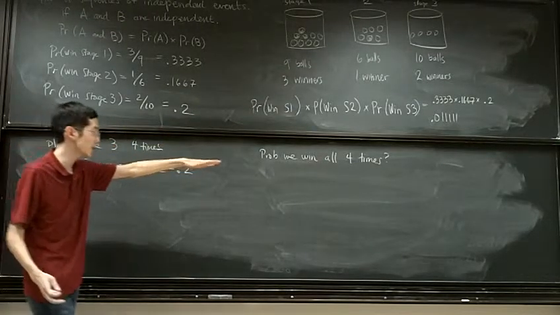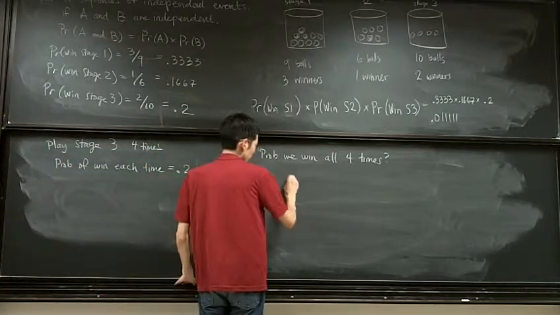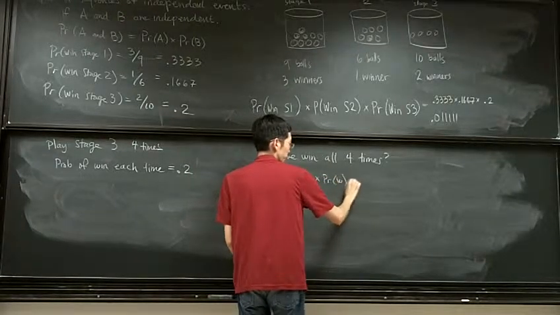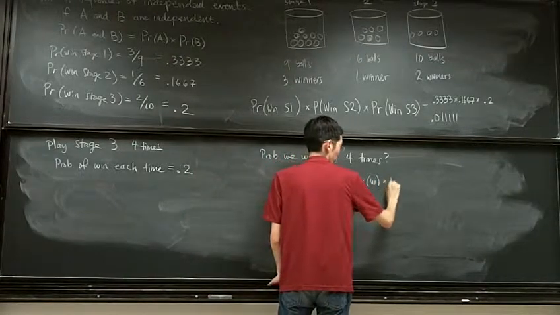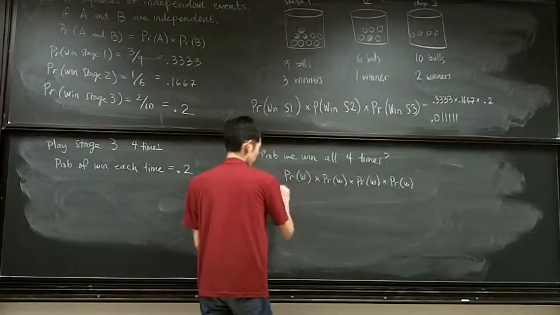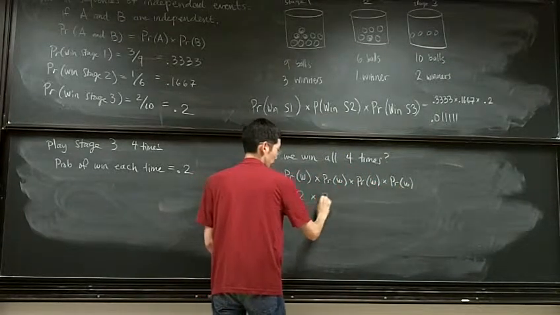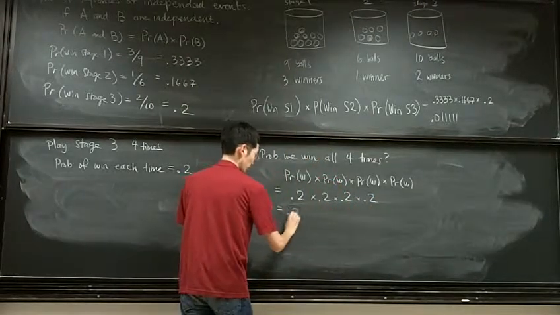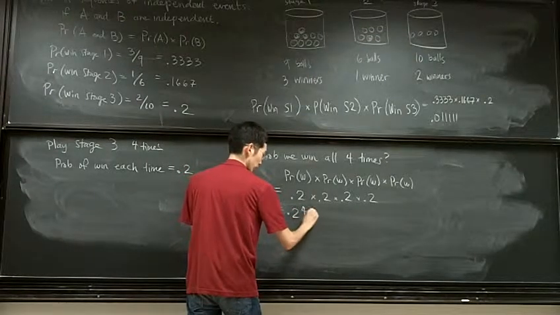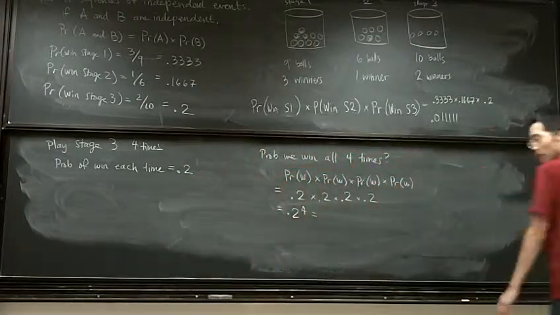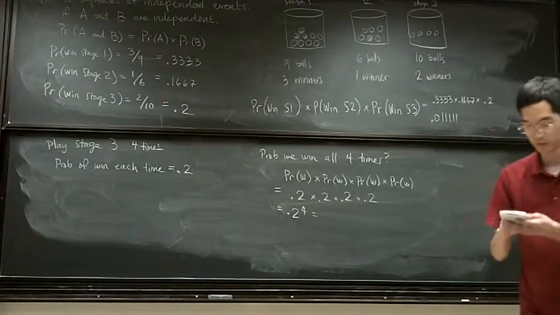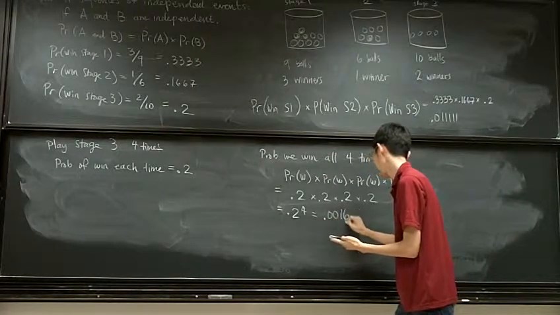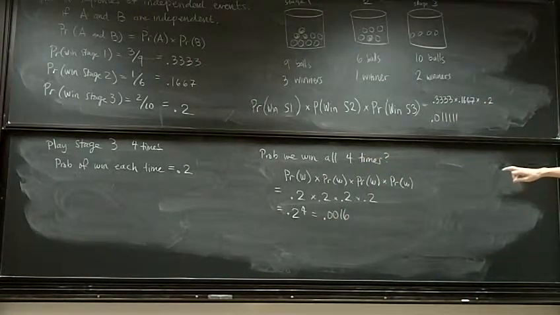So on the next page, the answer here is going to be probability of win times probability of win, and so on.